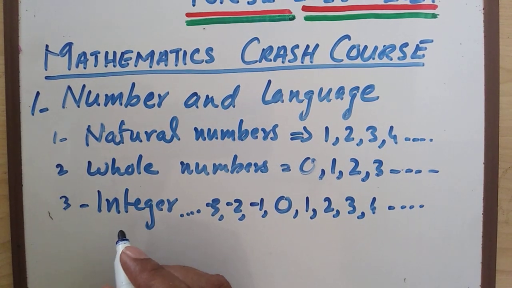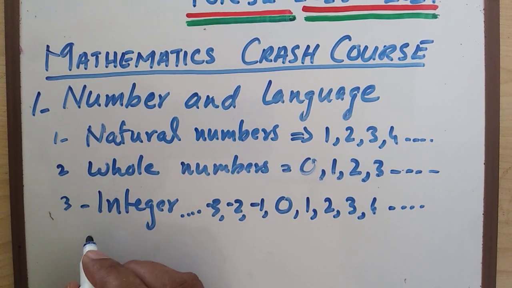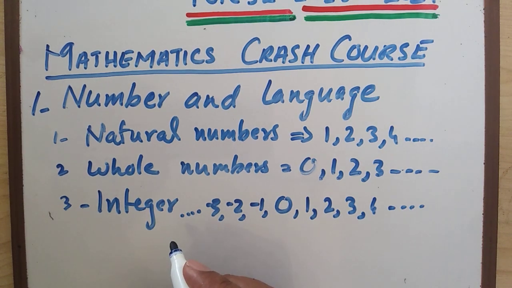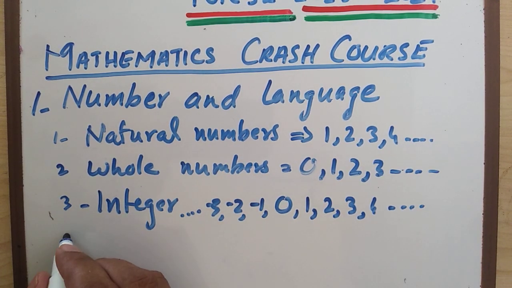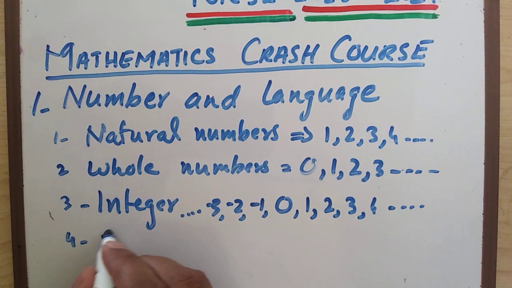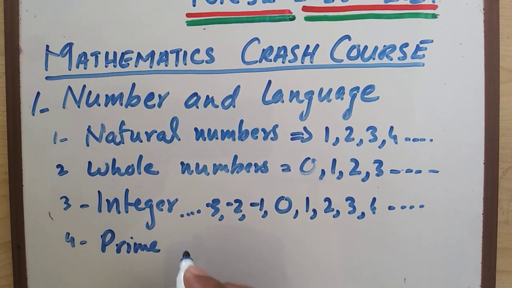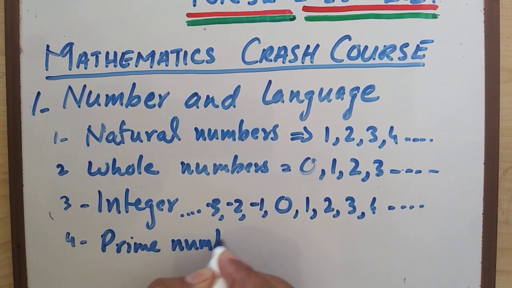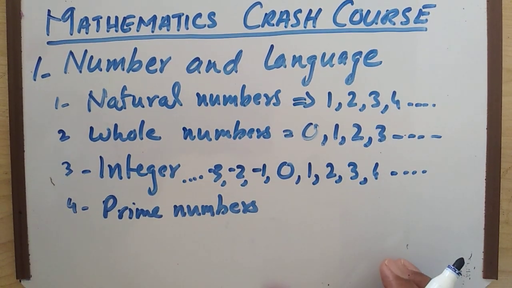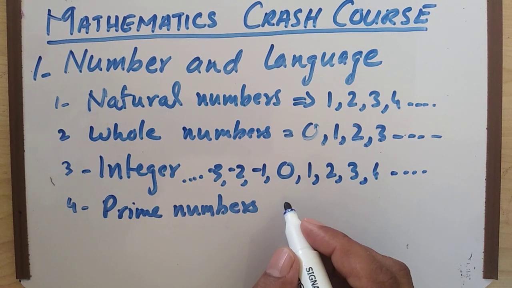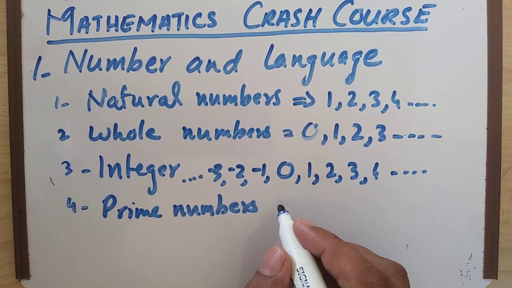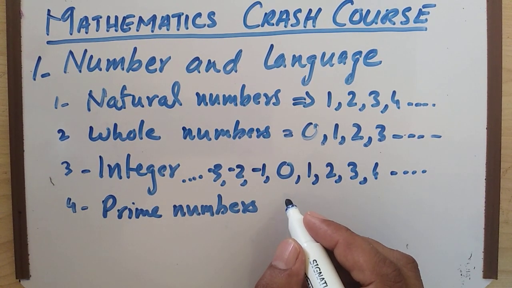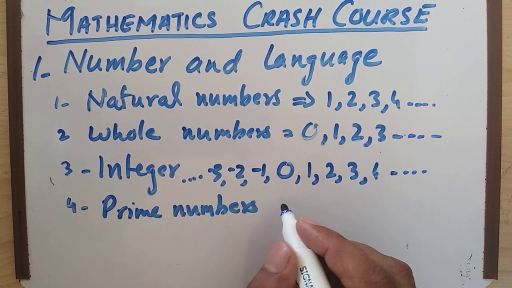In this set of numbers we have even numbers, odd numbers, prime numbers. Let's discuss prime numbers. Prime numbers are the numbers which have only two factors, which can be divided by only the number itself and 1.